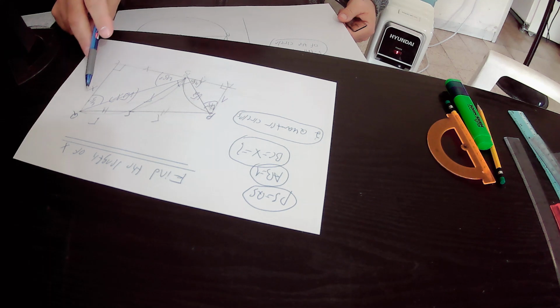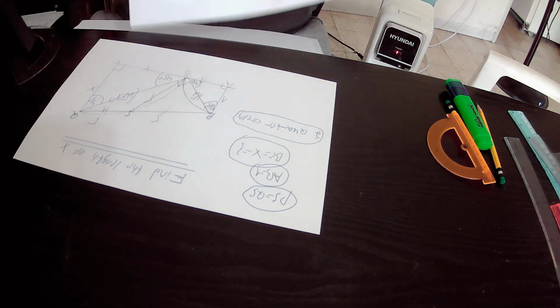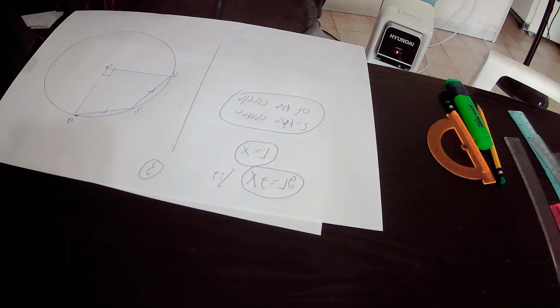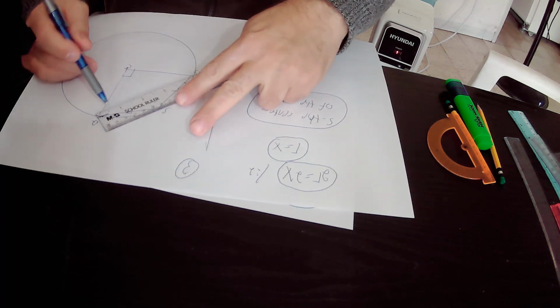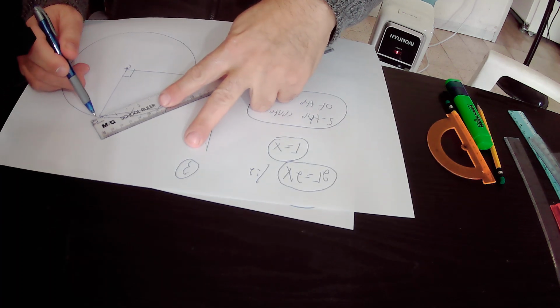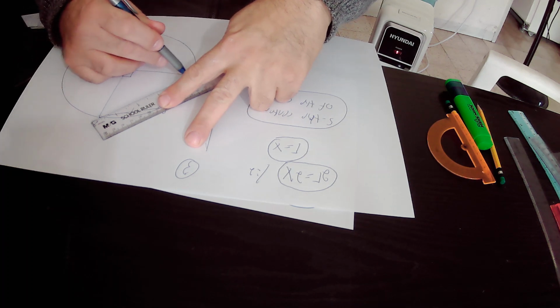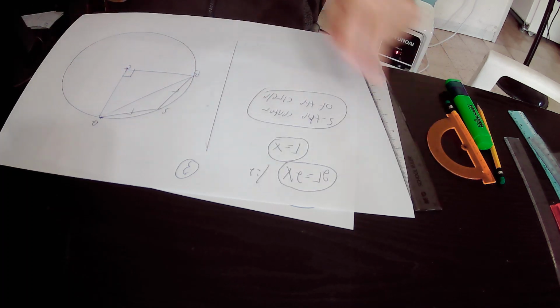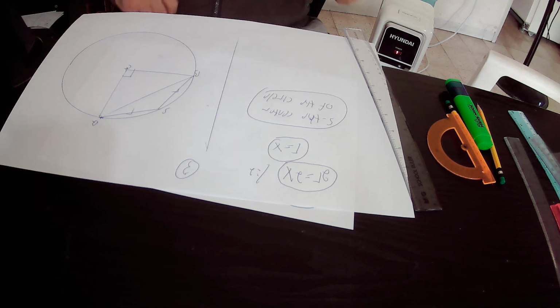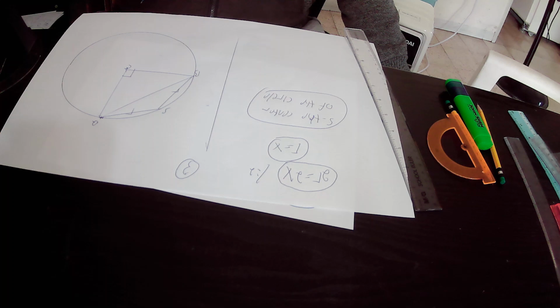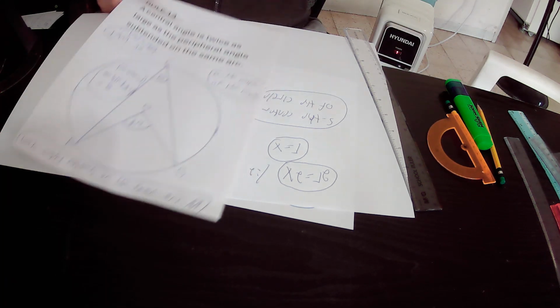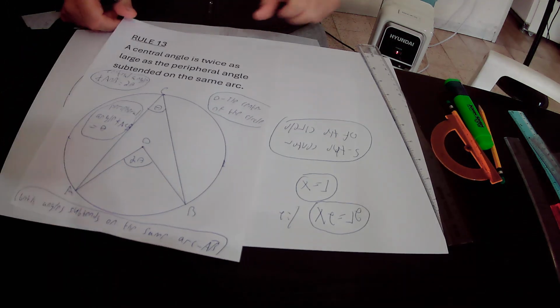We join points Q and B together by a straight line. In the next step, I present to you rule number 13, and we will implement rule number 13 in our drawing.